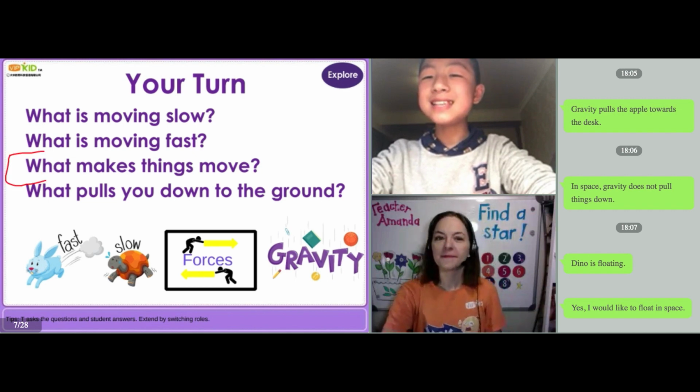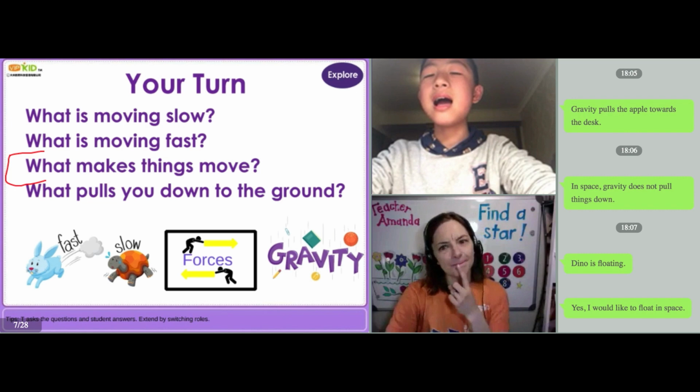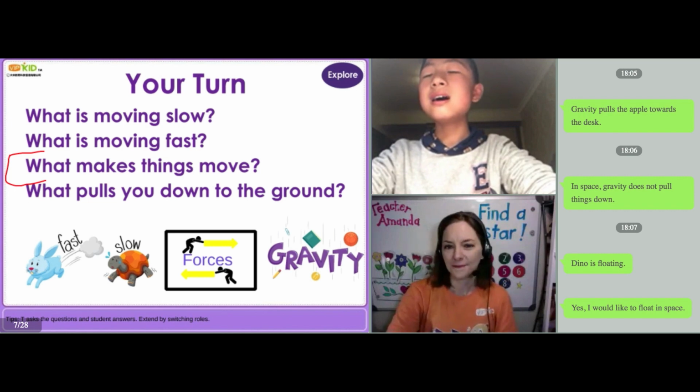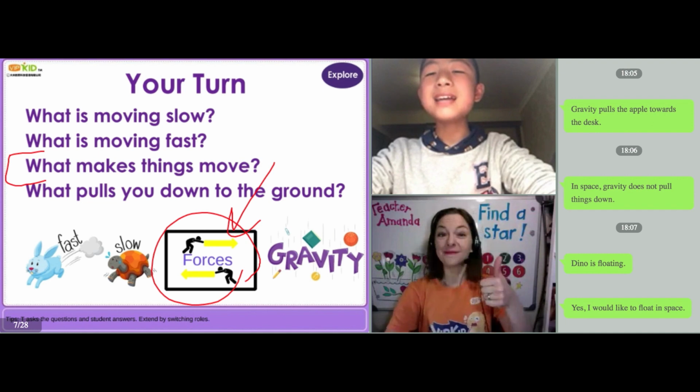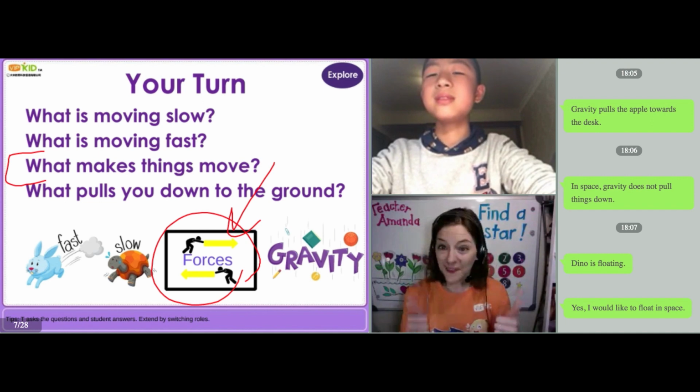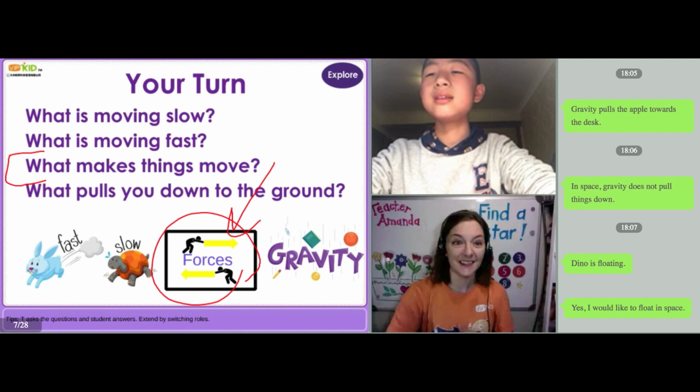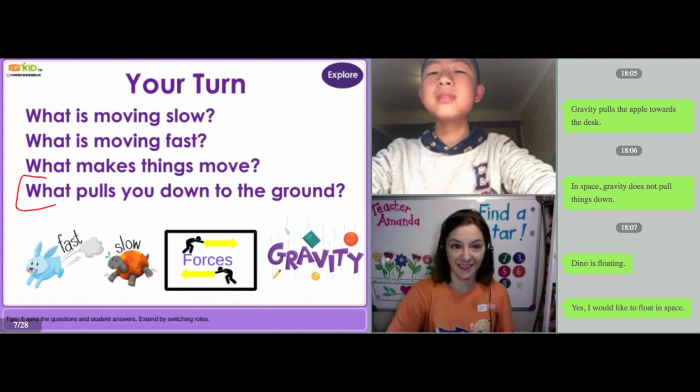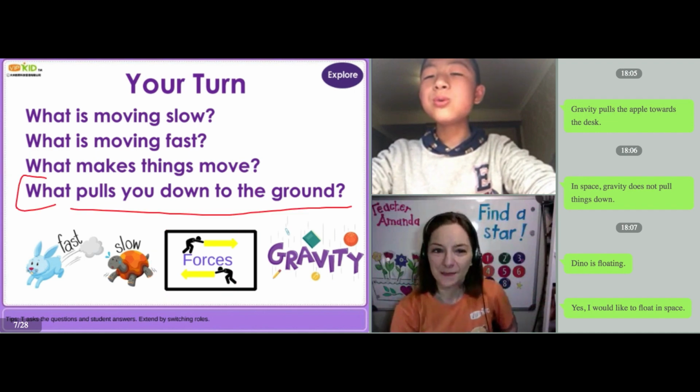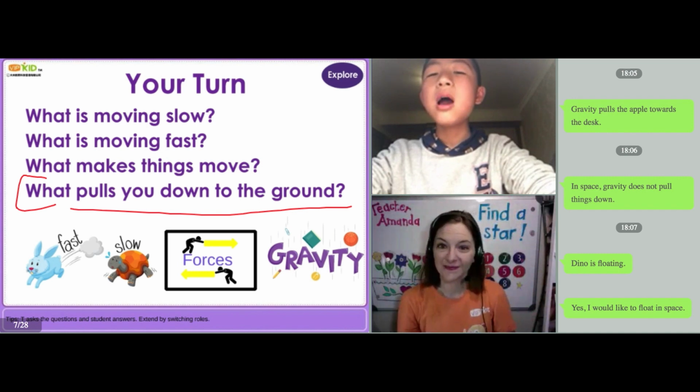What makes things move? The forces make things move. Yes, perfect. What pulls you down to the ground? The gravity pulls me down to the ground.